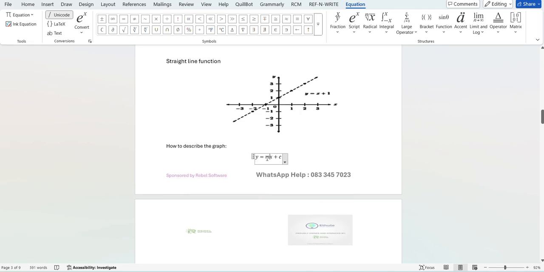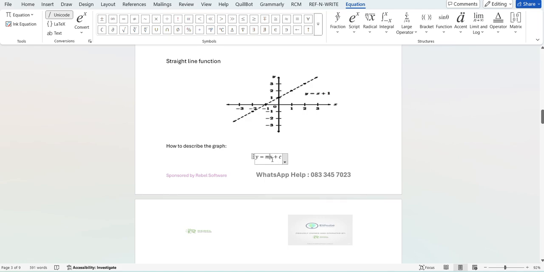The slope determines whether the straight line is steep or flat. The higher the gradient, the steeper the function, but the lower the gradient, the flatter our straight line will be. So that's what the gradient is for.